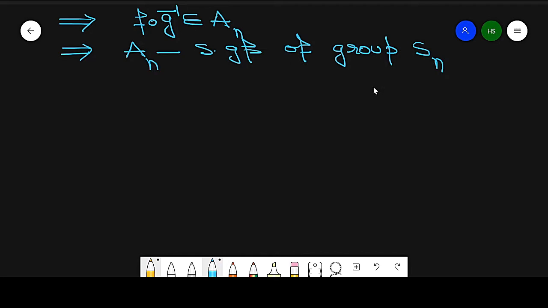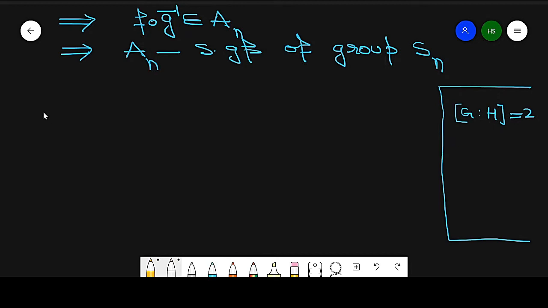Now next my aim is to prove that it is a normal subgroup. And in the previous chapter, we know that if the index of H in G is 2, then it means H is a normal subgroup of group G. So I am using this concept. Now to prove the index of An in Sn is equal to 2.